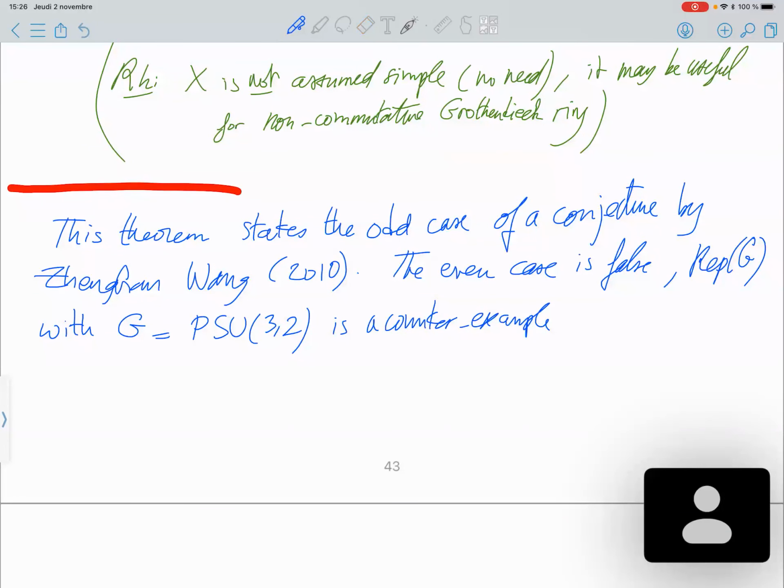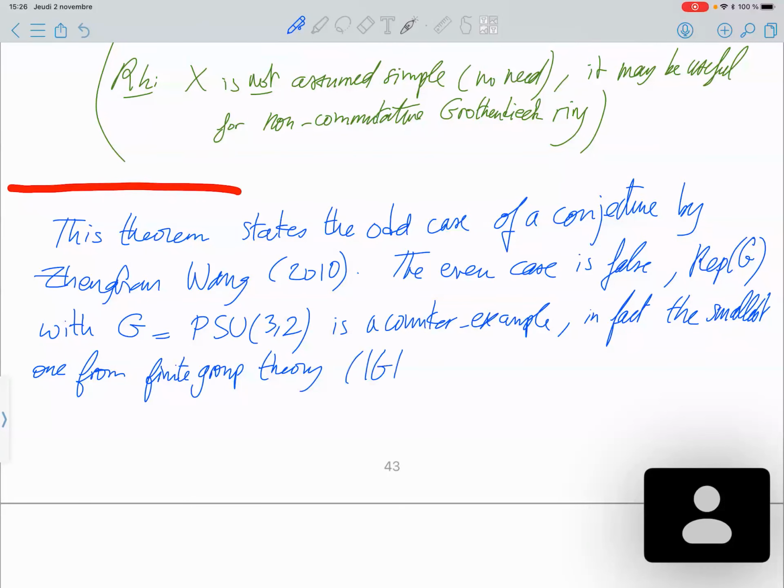In fact, this example is the smallest possible example coming from finite group theory. Here the order of the group is 72.